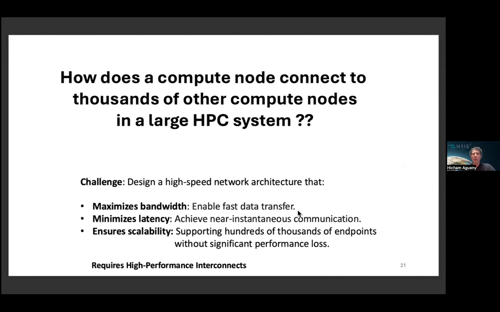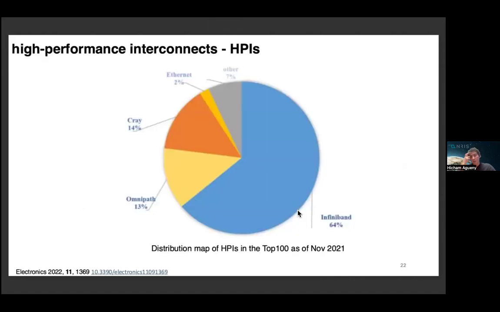To be able to connect all these compute nodes to each other, we need a high-performance interconnect. In the market, it seems NVIDIA is dominating the interconnect business with InfiniBand at 64%, 14% by Cray, and 13% by Intel.